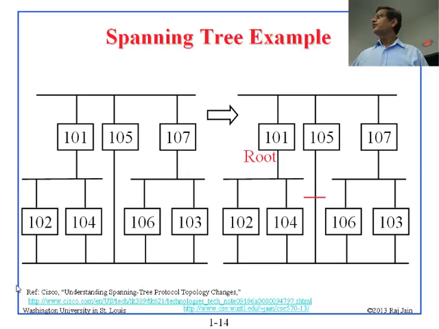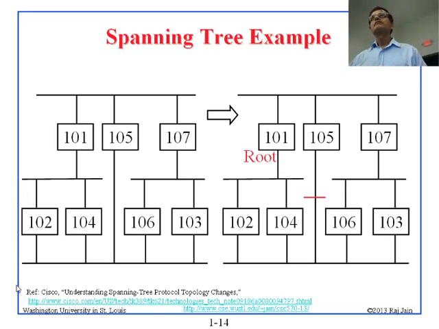So now, nobody wants this path, right? When you do the shortest path computation, you will find out that nobody wants that path. So they will both exchange control messages saying that I am blocking this, and fine, done.